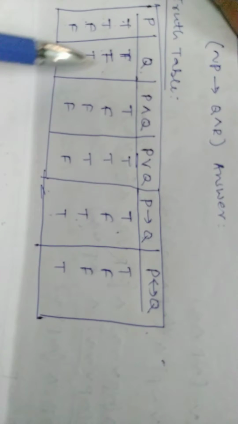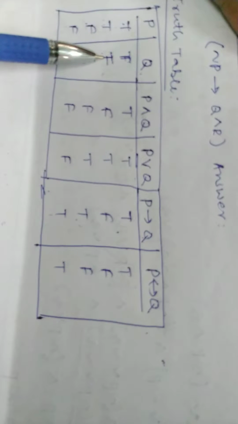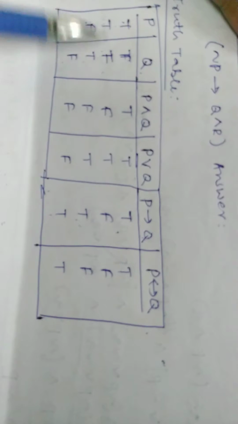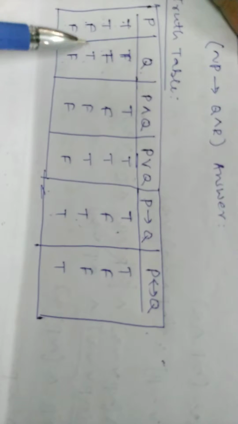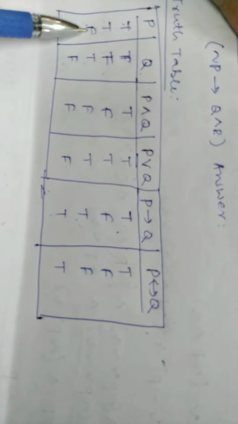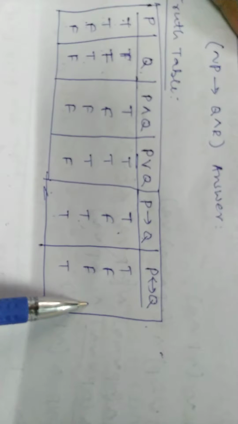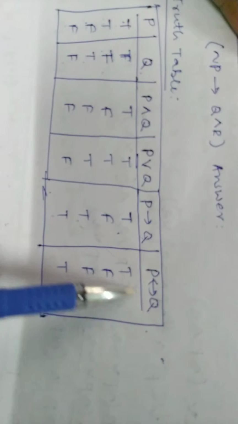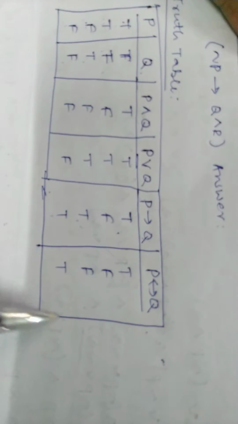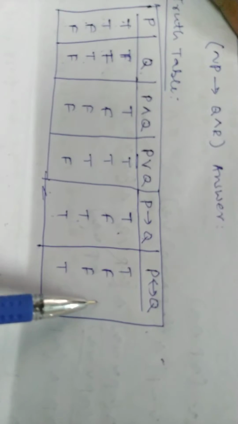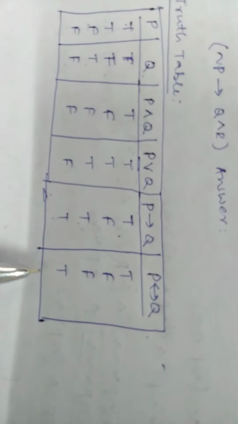So in this case we have T implies F, and in this case F implies T. But when we return, we will get T implies F, that needs to be true also. So in this case it is not true. So the truth value has changed. So this is a biconditional statement, and these are important.